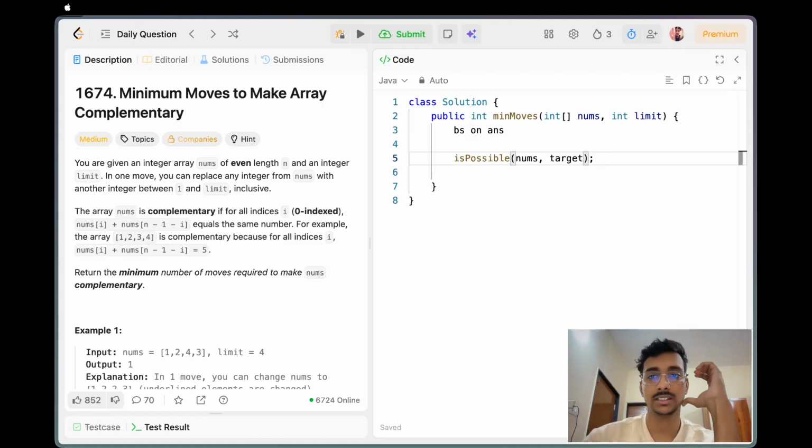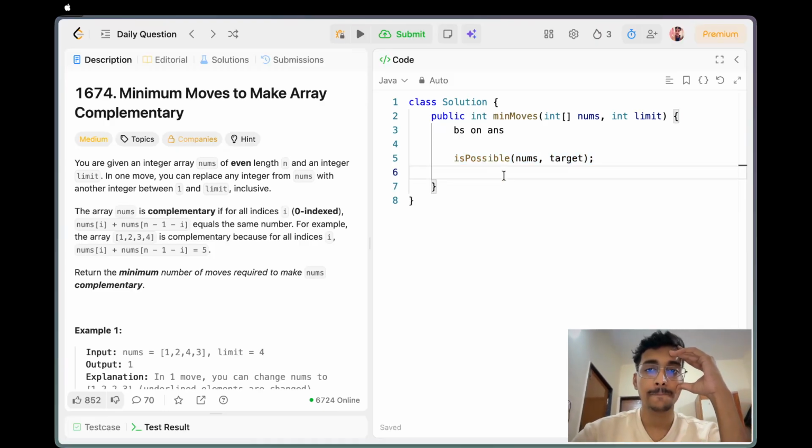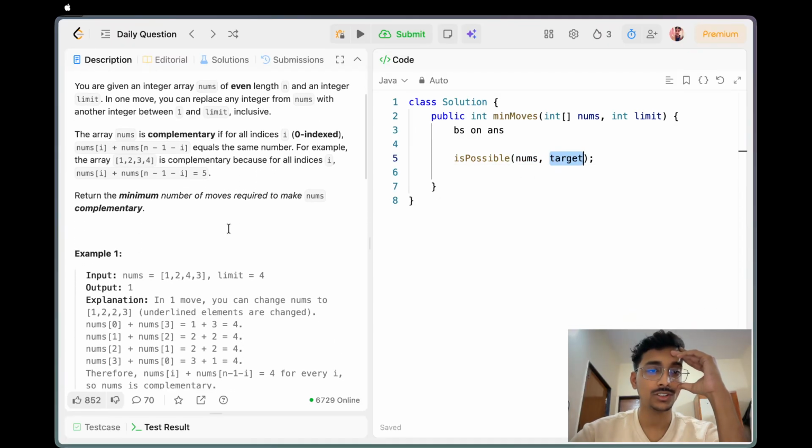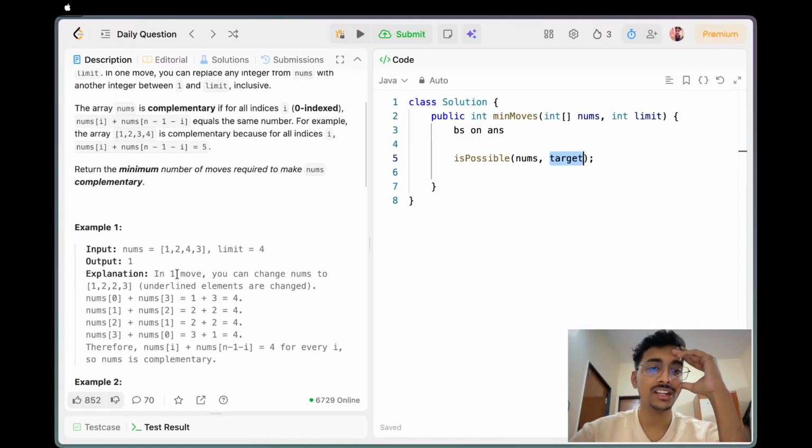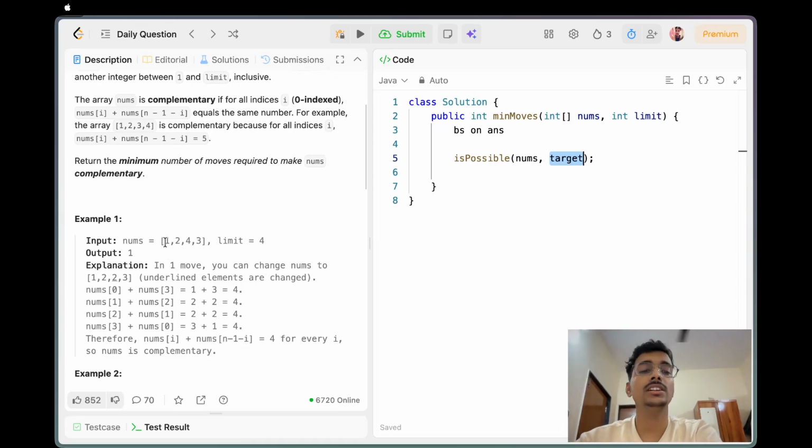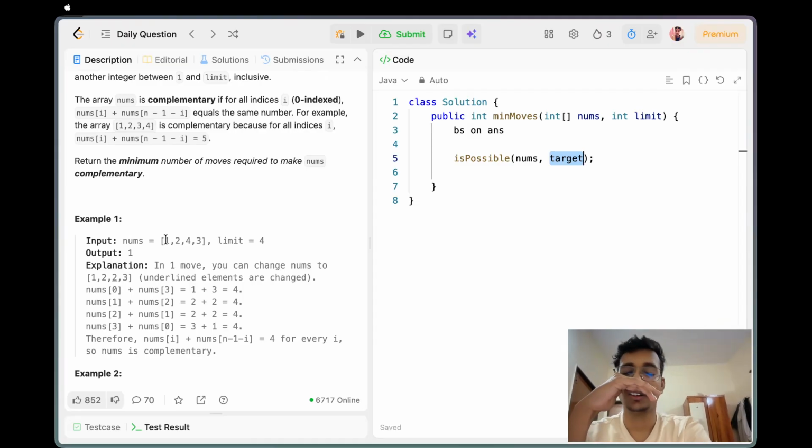Wait, let's remove limit. So this method takes the array and the target sum, and figures out whether it is possible or not.